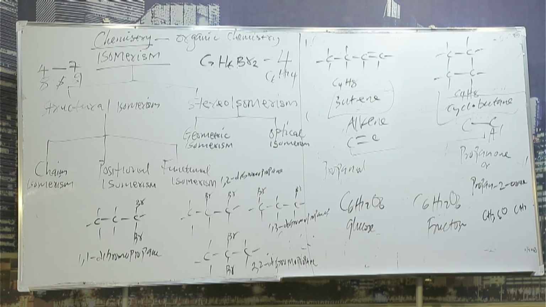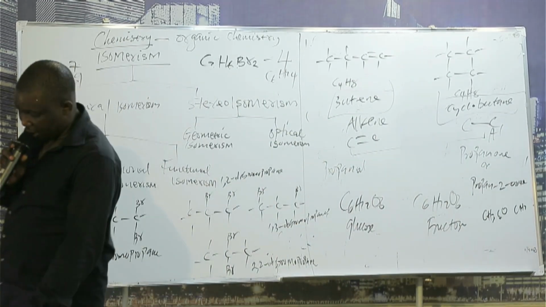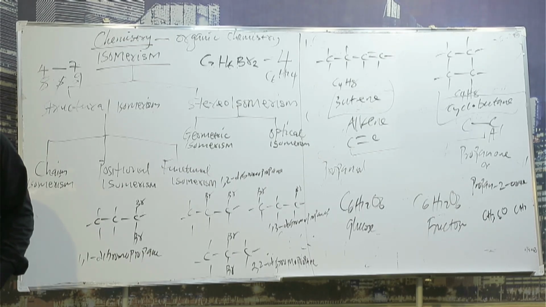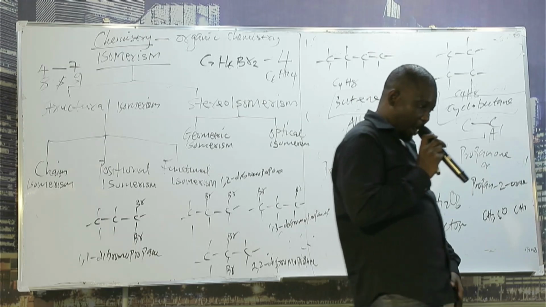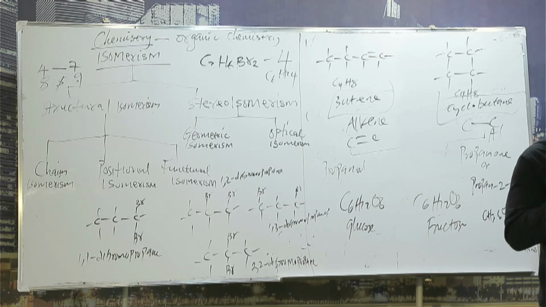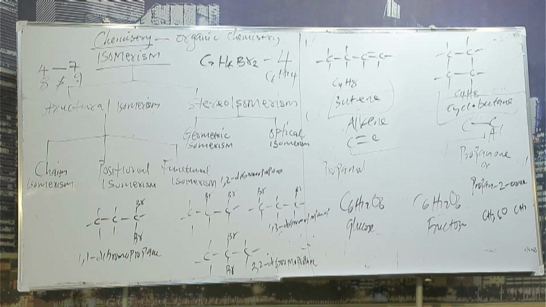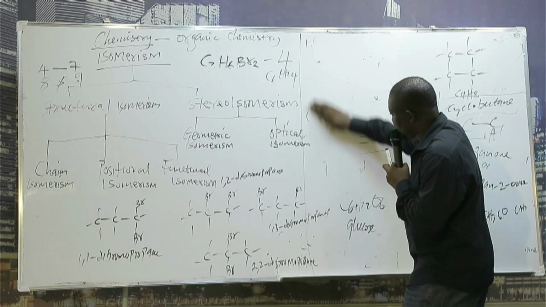Alkanoic acids and alkanoates, or esters, are functional group isomers.